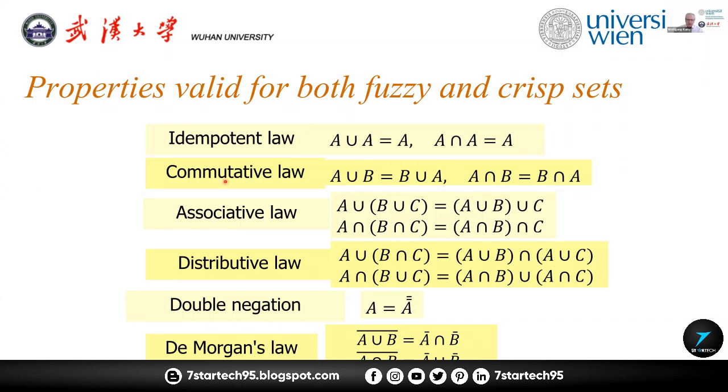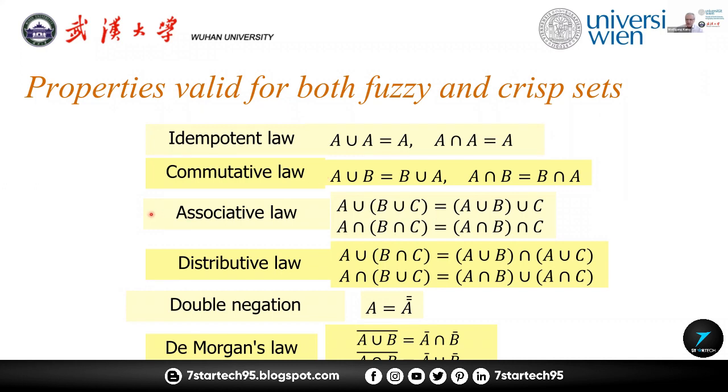The same is also true for the so-called commutative law, meaning it does not matter in which order you apply union and intersection. So A union B is the same as B union A, or A intersection B is the same as B intersected with A. So the order is irrelevant. It is true for both crisp and fuzzy sets.